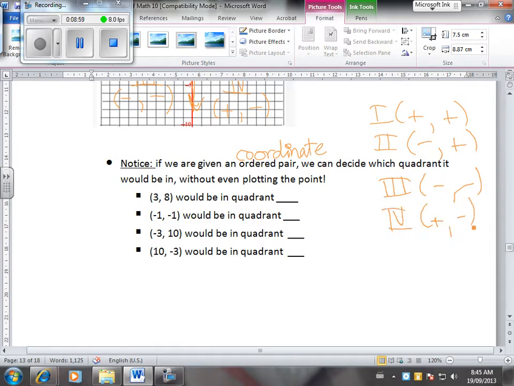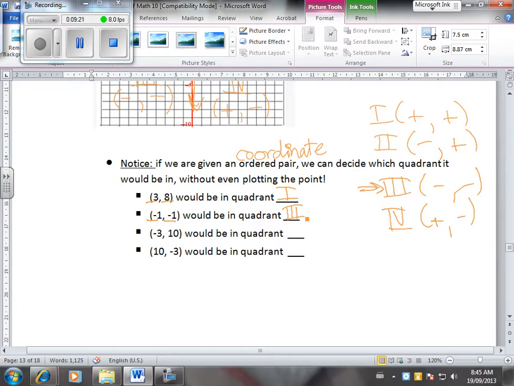So let's look. 3, 8. My x is positive, my y is positive. That's got to be quadrant 1. Negative 1, negative 1. My x is negative and my y is negative. Both are negative, so quadrant 3. Negative 3 and positive 10.